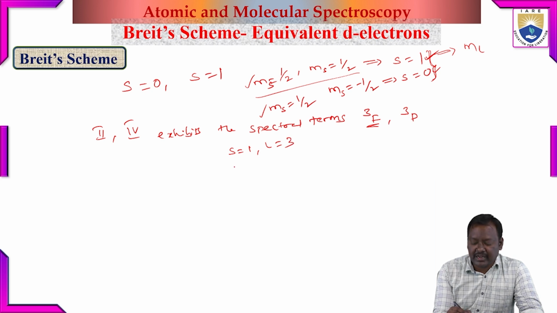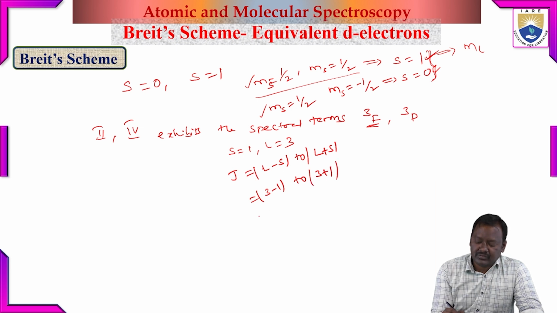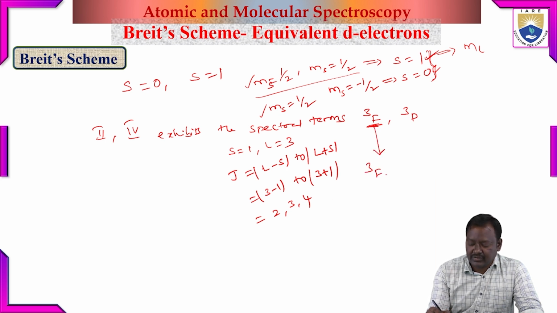The possible J values are L plus S down to L minus S, so 3 minus 1 to 3 plus 1. So 2, 3, 4 are the J values for the spectral term. So this term can be written as 3F, 2, 3, 4.